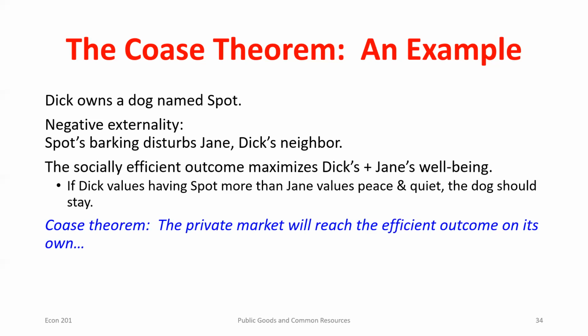She'll pay more, in terms of maybe getting some type of regulation so that the dog is taken away because, I don't know, she pushes for a noise complaint or something. It's kind of a goofy example, but this would be the idea. Whoever has a higher value is going to be the one who wins out.